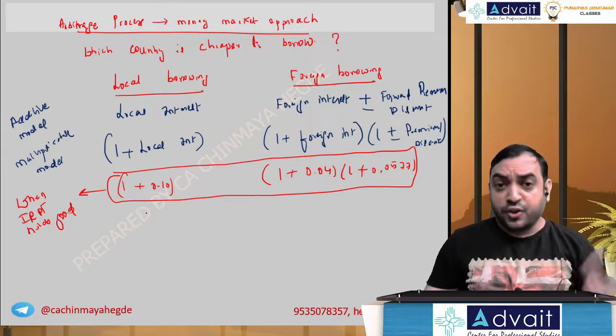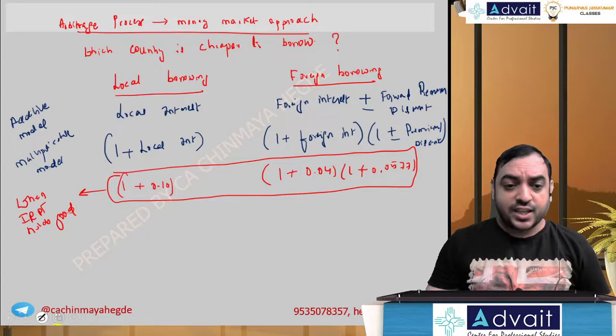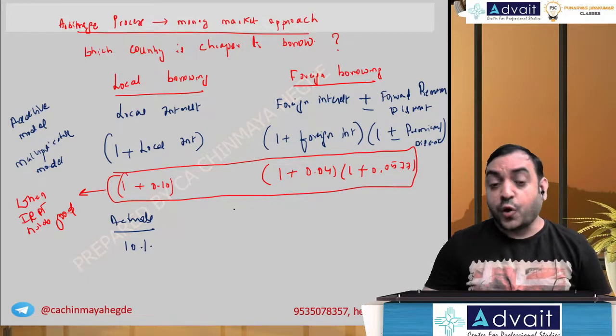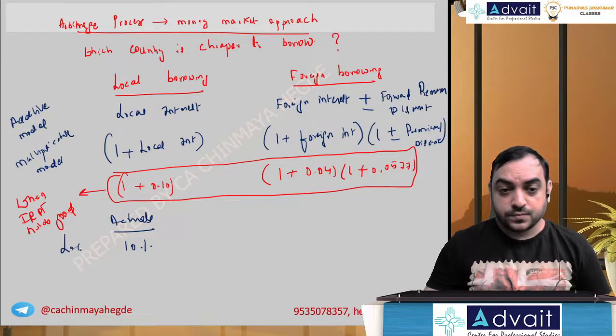Okay. But if I look at the actual rates, what is local interest? Actual interest rate is 10%. What about the actual foreign interest rate? This is local. What about foreign? Foreign interest rate is 4%.